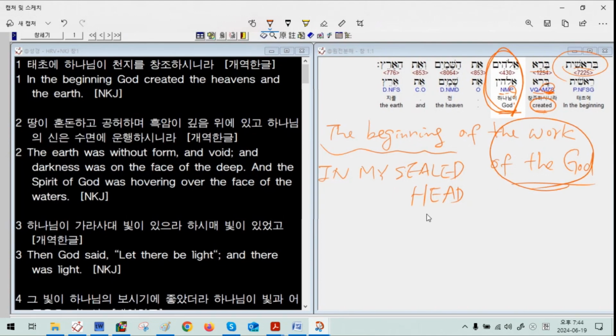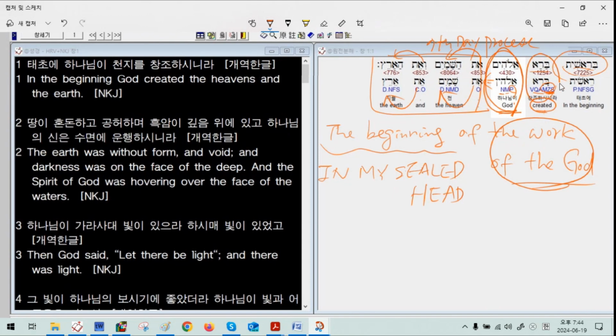This is the work of God. Then the work of God is the rest of the part called the Elohim, right? And then beginning the heaven, complete the heaven, and then beginning the earth, complete the earth. And then they call it the seventh day process we learned, right?